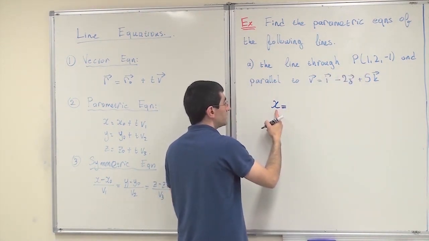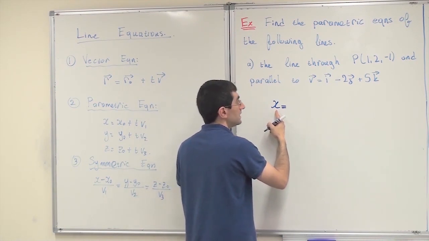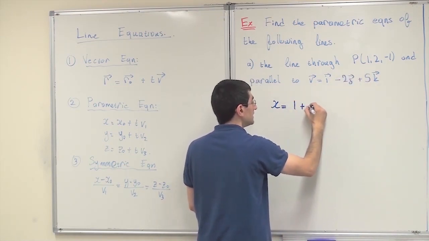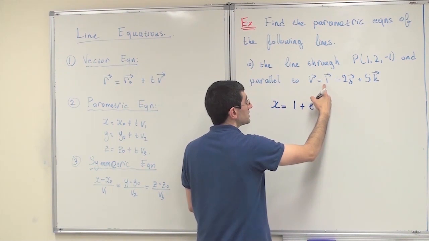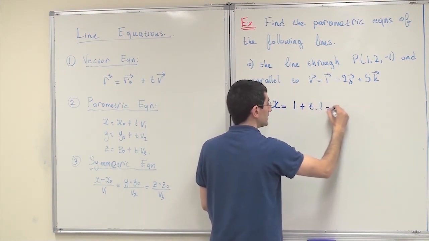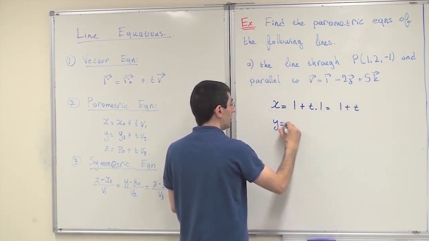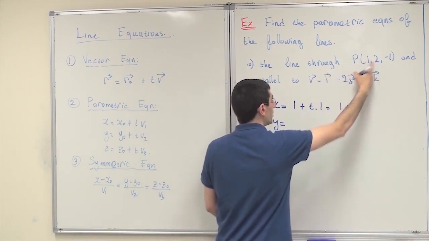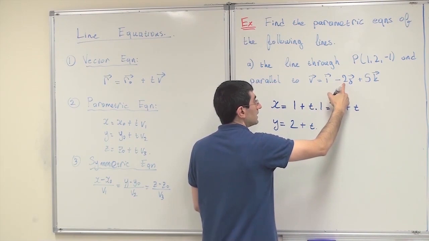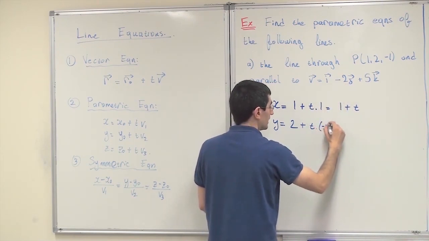So, the equation of x in the parametric equations of the line is x equals x naught, which is 1, plus t times v1, which is the first component of the vector v, so times 1. In other words, it's 1 plus t. Now, the equation of y is the y component of the point, 2, plus t times the second component of the vector v, so negative 2.